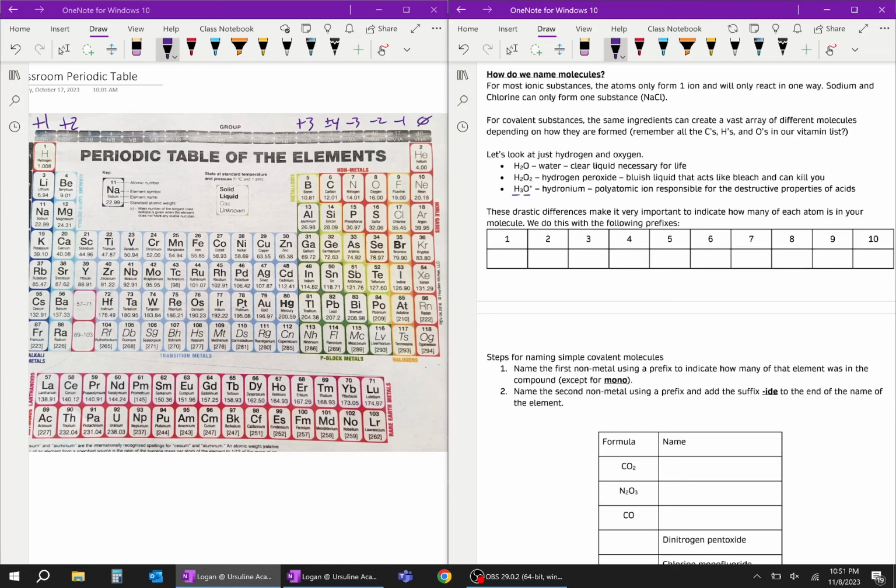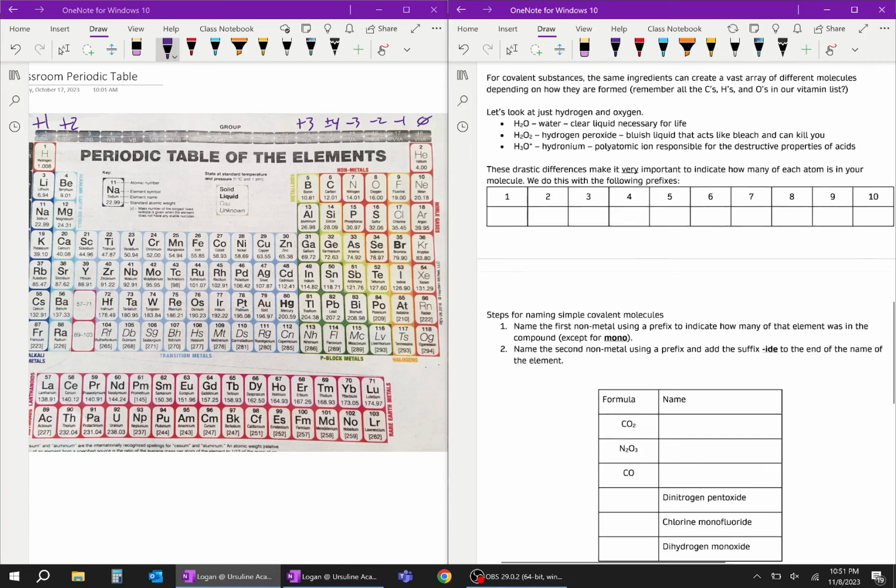This is a specific polyatomic ion that's called hydronium, and it is responsible for the destructive properties of acids. So too much hydronium will melt your face off. Therefore, it is really, really important when you're telling somebody that you have a molecule made of hydrogen and oxygen to also tell them how many hydrogens and oxygens you have, because that can be literally life or death.